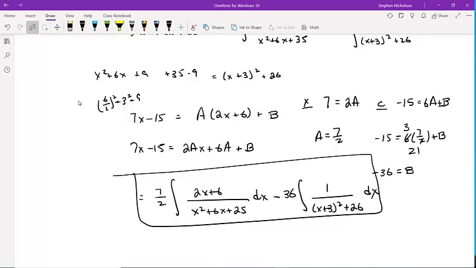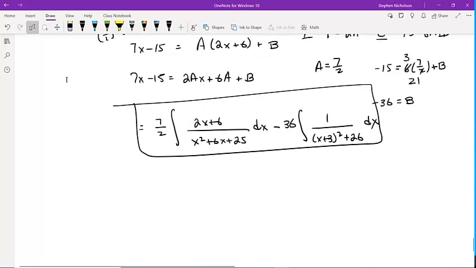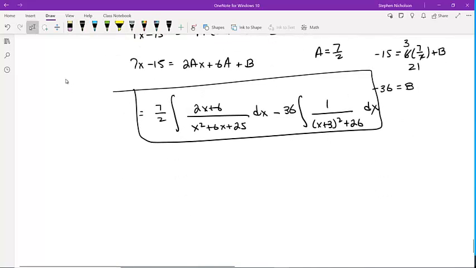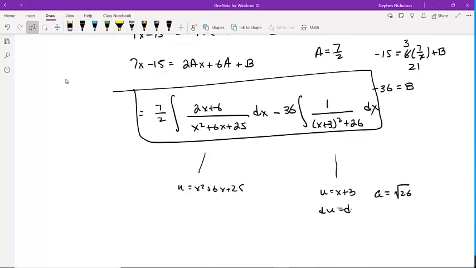Now, on the final, I would ask you, I put in one with a definite integral. So you'd have to go through this whole additional process. Here u would be equal to x squared plus 6x plus 25. Here u is equal to x plus 3, and a is equal to the square root of 26. du equals dx.